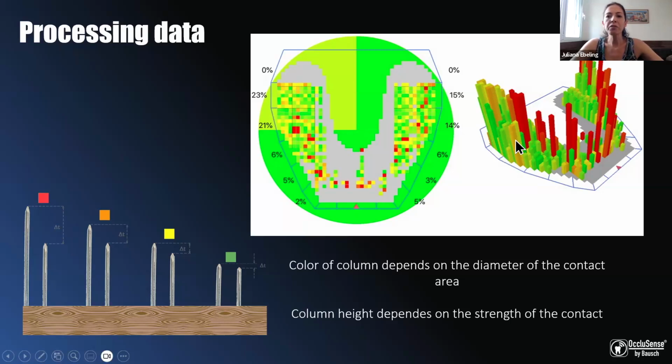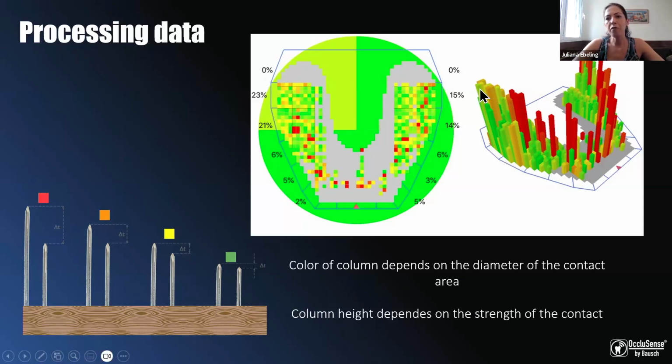The other information that the system brings us is the intensity of these contacts. It doesn't matter if it's a punctual contact or a larger surface contact. This contact has an intensity, and this is represented by the height of the columns.